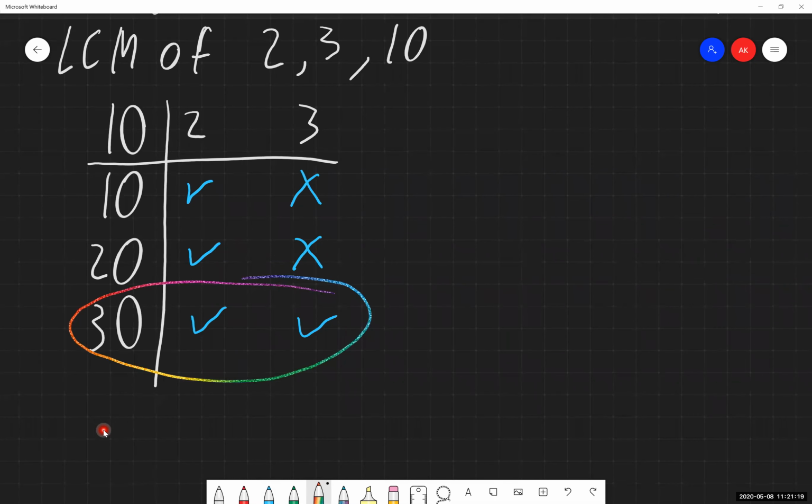Because the left-hand column tells us 10 goes into all of these numbers, that's taken care of for us. Then all we're doing is a quick check in each of these other columns to see, is it a multiple of those other two numbers? And if it is, bam, we're done. We have our lowest common multiple.